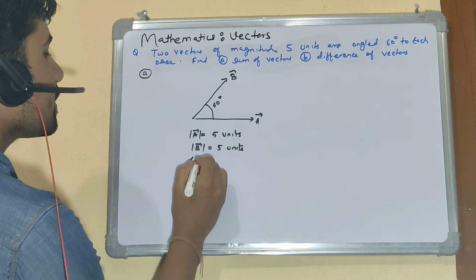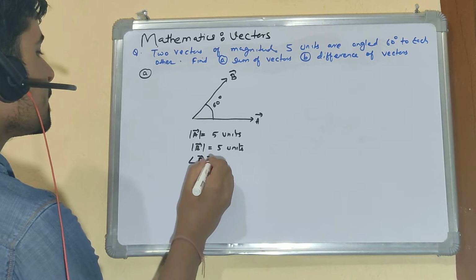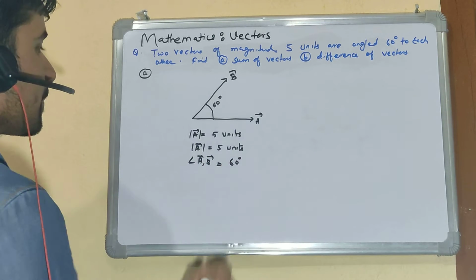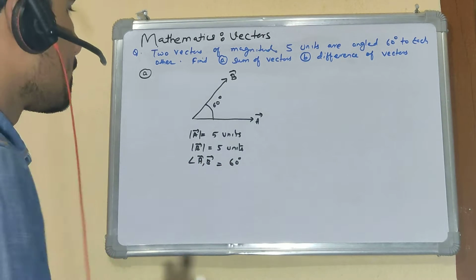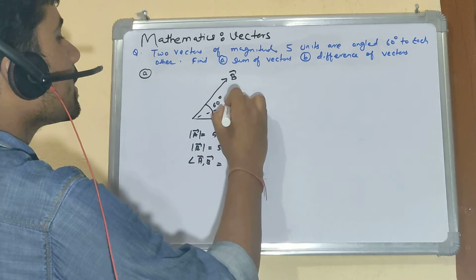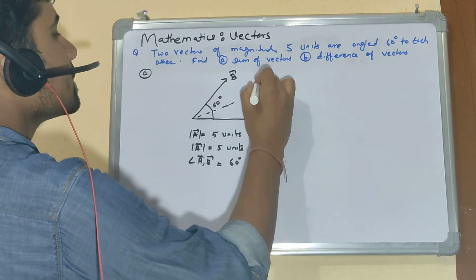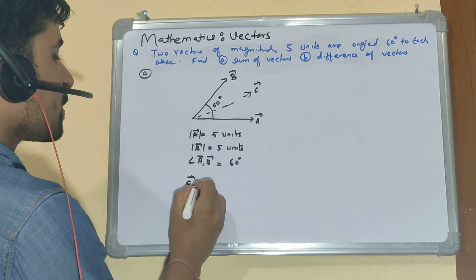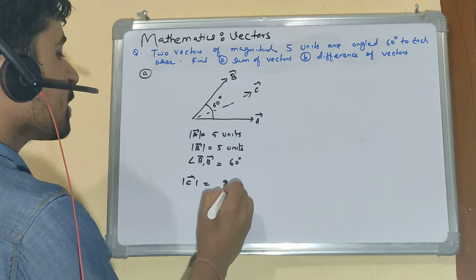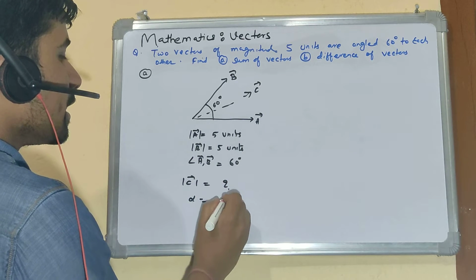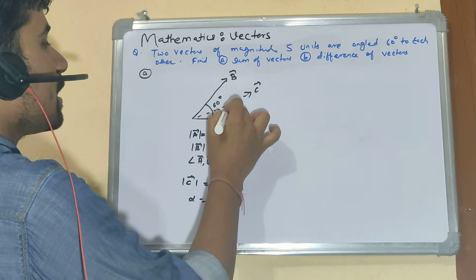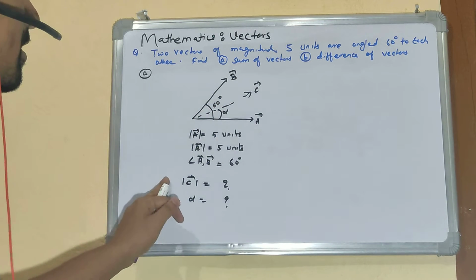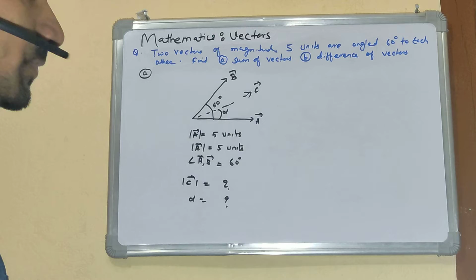The angle between A vector and B vector is 60 degrees. We need to find the resultant vector. You know the resultant will come somewhere over here. Let's say C vector is the resultant vector. So we need to find the magnitude of the resultant vector and also the angle it will make with the first vector, let's say alpha. What is the magnitude of the resultant vector? What is the angle? We need to find that.